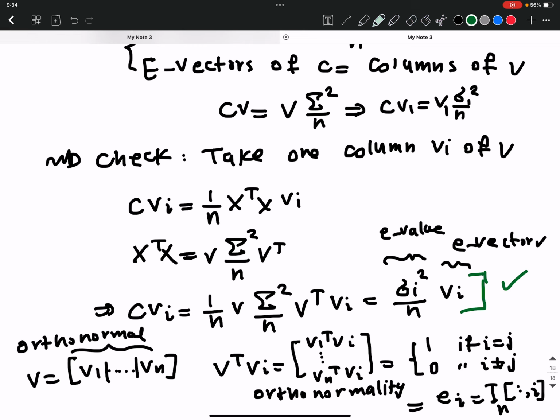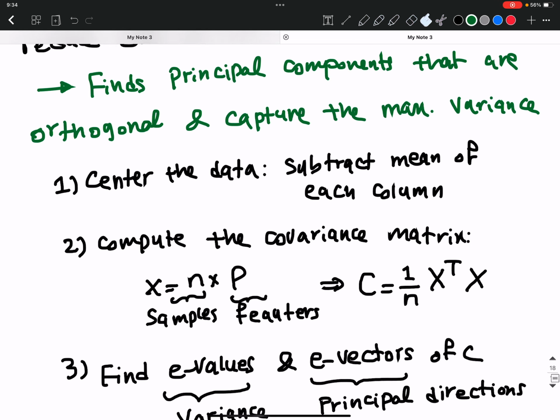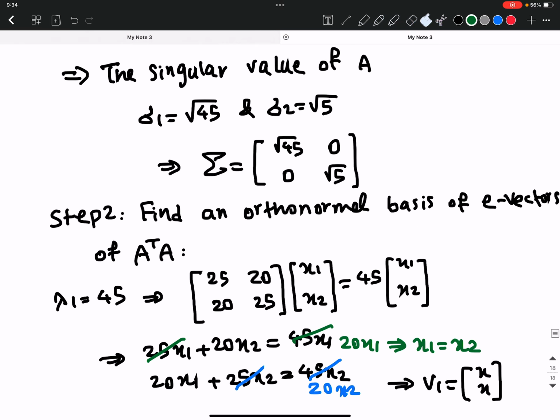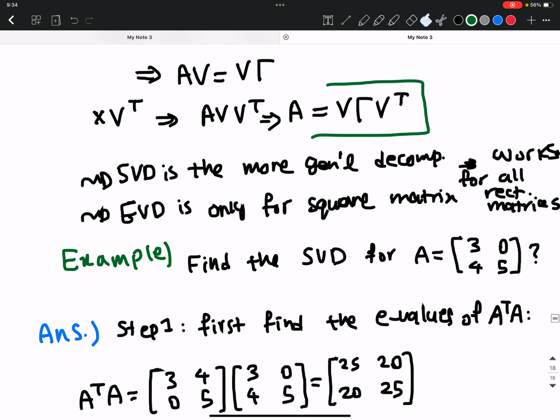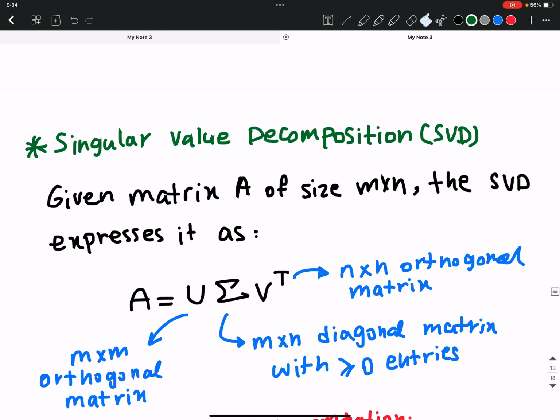So now let's review what we have here and what we did to get here. Let's first review this whole lecture. We first started with singular value decomposition, which was in the previous lecture.